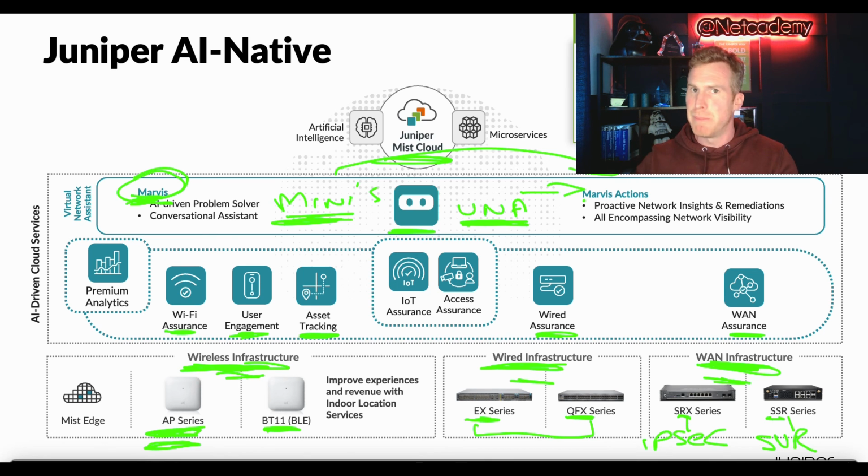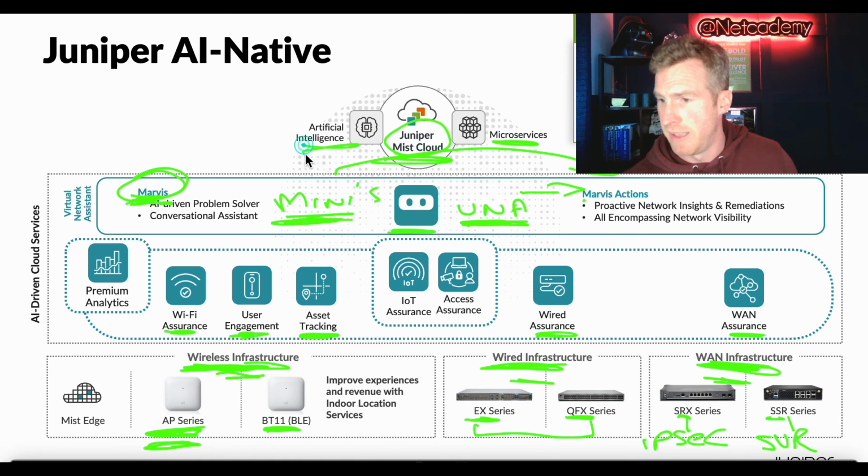So when users come back in the morning, whether they be your end guests, your end customers, or internal staff, you know that wireless network is there ready and waiting for them. All of this on a Mist cloud built on microservices and with artificial intelligence. I don't know about you, but that is incredibly powerful.